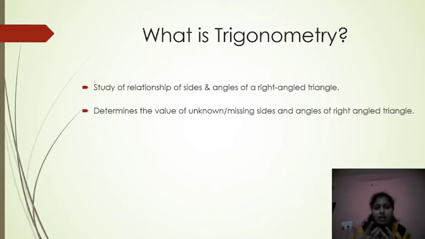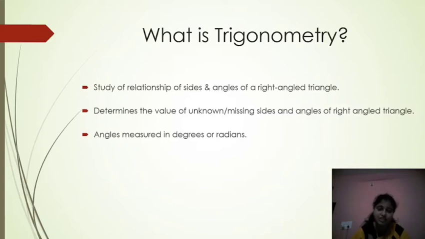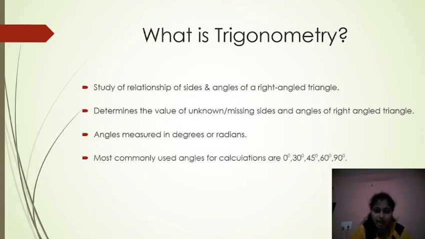At least one angle and one side should be available to find the other sides or angles of the triangle. The angle should be measured in degrees or radians. The most commonly used angles for calculations are 0 degree, 30 degree, 45 degree, 60 degree and 90 degree.